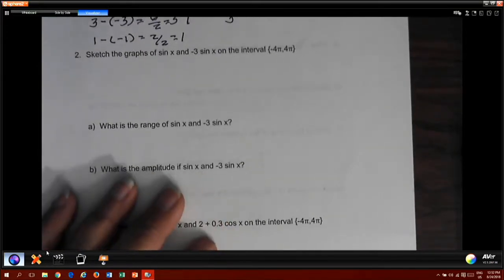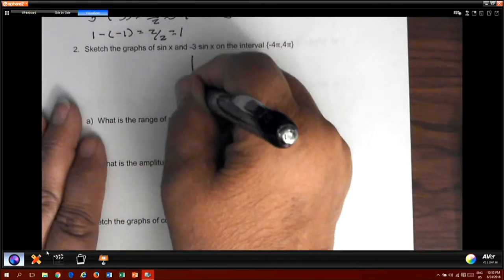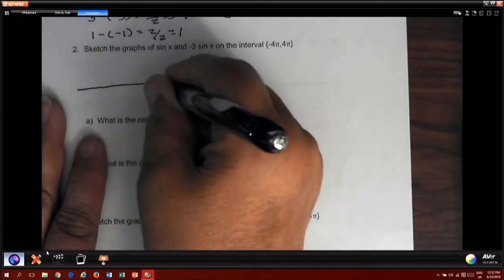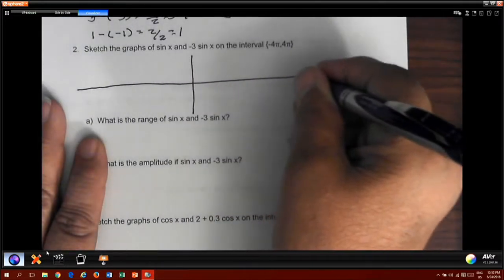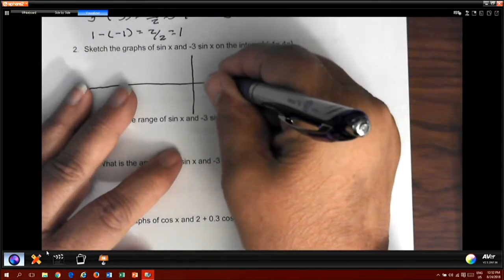Now we're going to do the same thing with sine, except it's now a negative 3. So if you remember from our transformations of regular graphs, the negative tells us we flip over the x-axis.